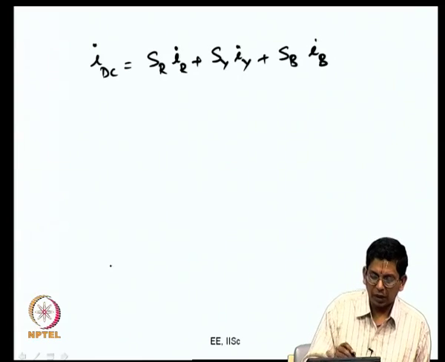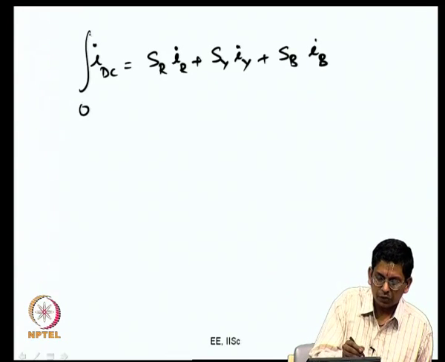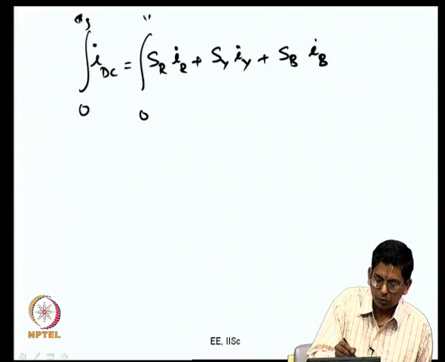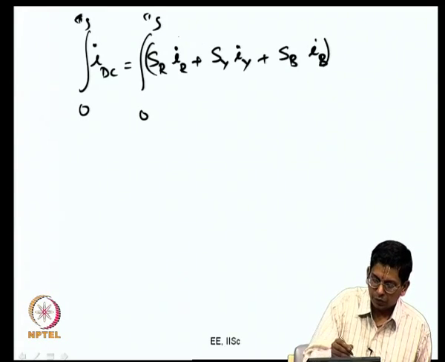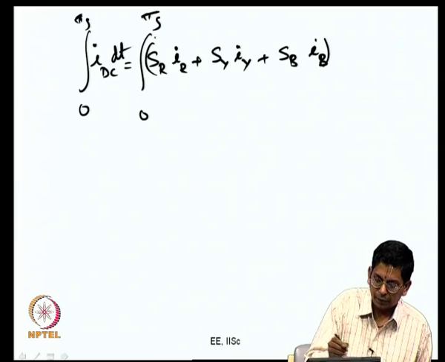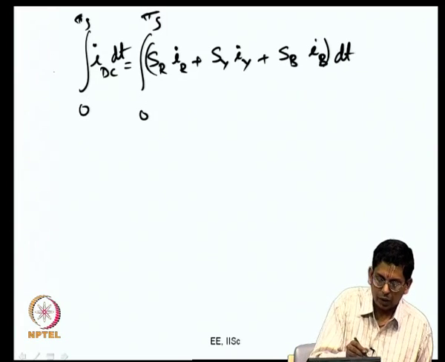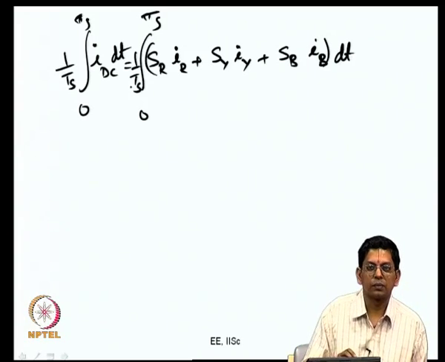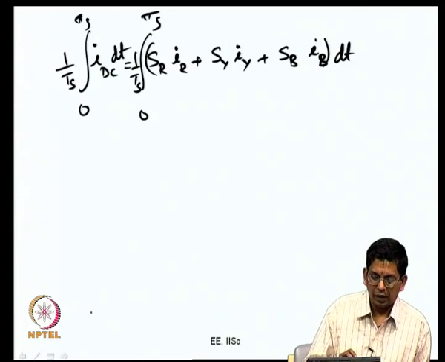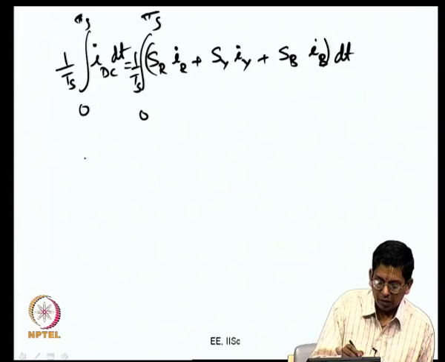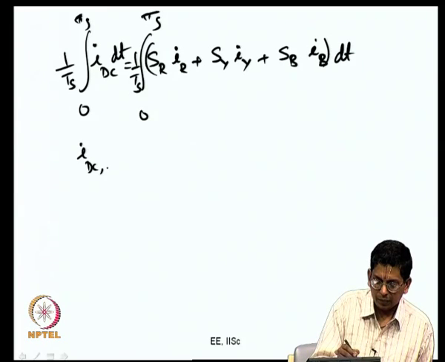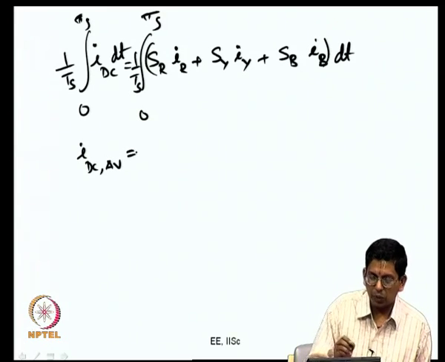Now, both sides can be integrated from 0 to Ts with respect to t, and you can divide by Ts on both sides. When you do that, what do you get? This is nothing but IDC average.